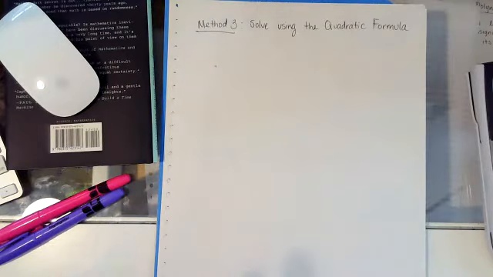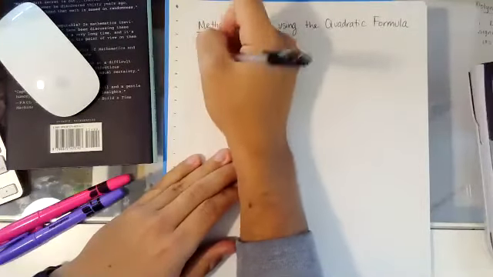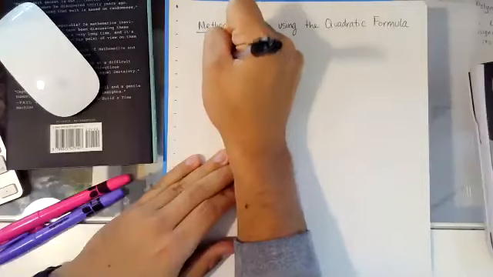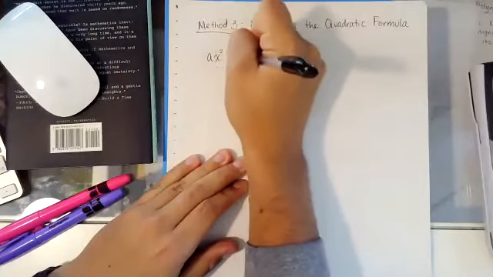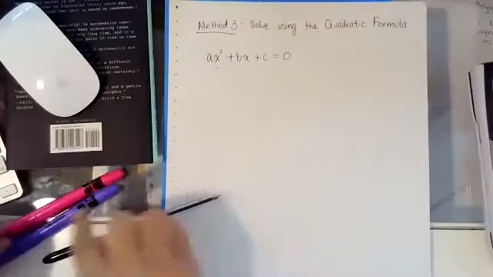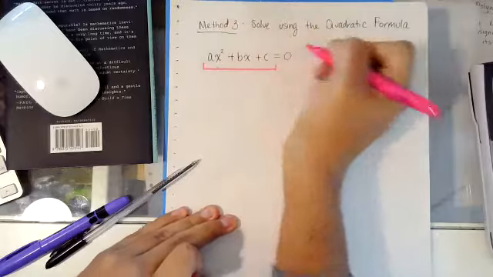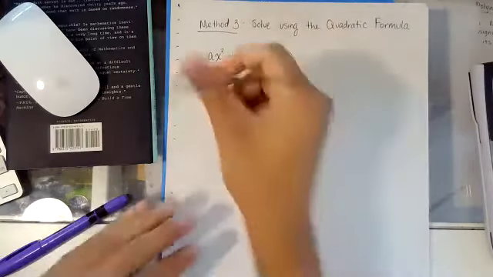And so what we need to do before we jump into this is, I'm going to write the formula down for you. You can think of this as just a plug and chug method of getting your solutions for that quadratic equation, provided that the equation is in standard form. So if we have ax squared plus bx plus c equals 0, make sure that this condition is met before you even start plugging things into the formula.